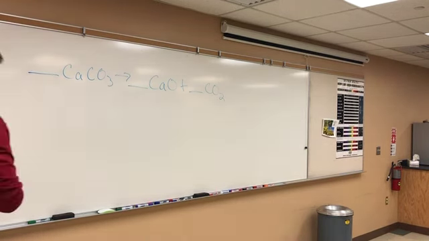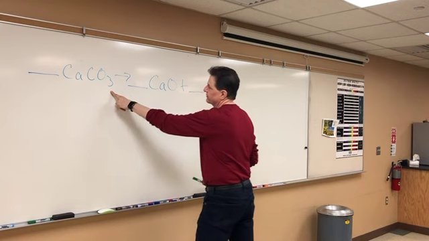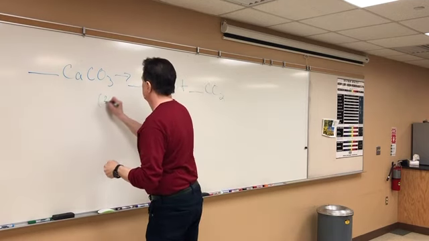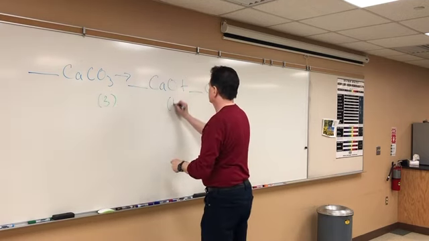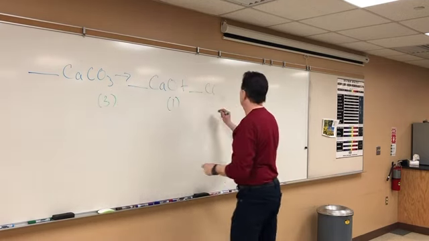Ooh, we got a 3 there. I'm going to check my addition here first. I've got 3 oxygens here. I've got 1 here and 2 here. So 1 plus 2 equals 3. So my 3s are good. How am I on carbon?